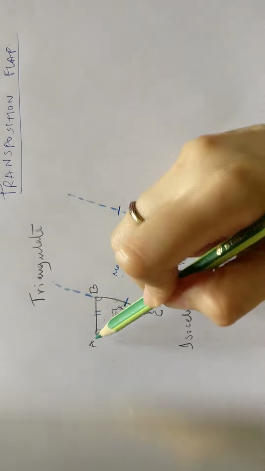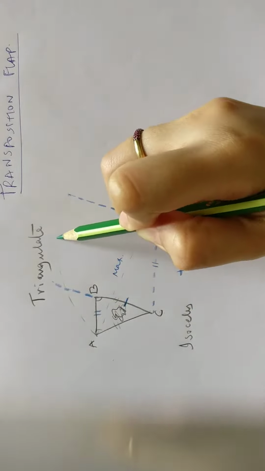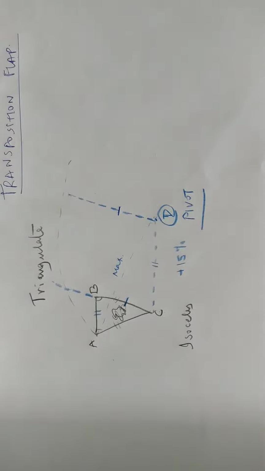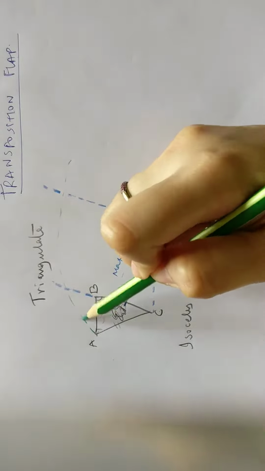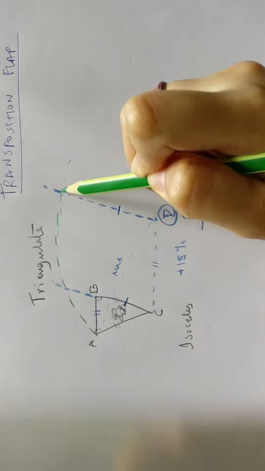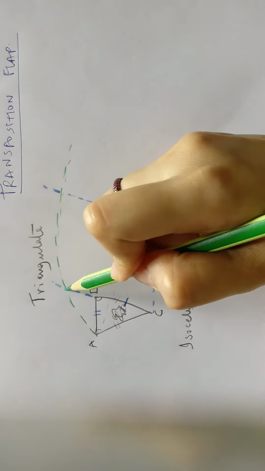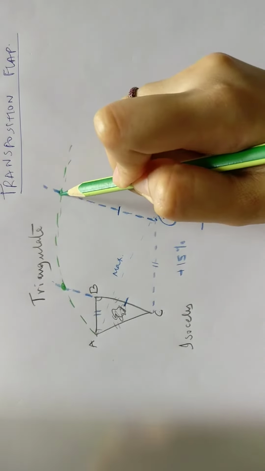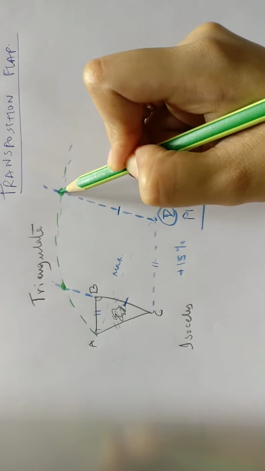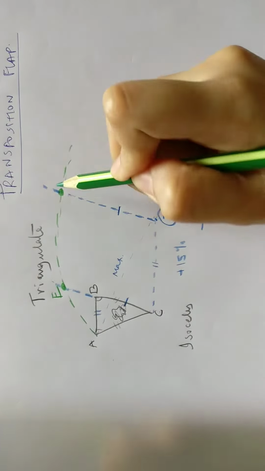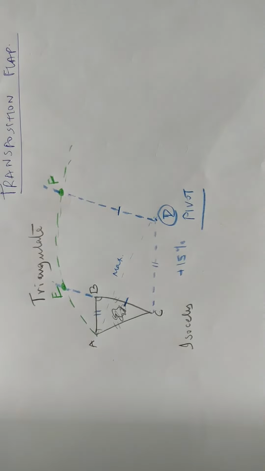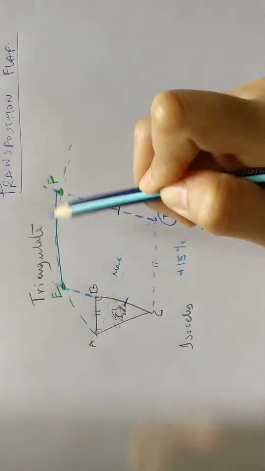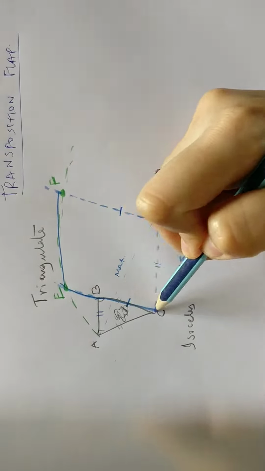So from here you have to cut across an arc which is going to meet these two extended lines at some place, and where these two meet is where we get the final points of our transposition flap. So consider this to be E and consider this to be F. Once you have gotten these points is when you have actually gotten your transposition flap. Once you connect these lines, this is going to be your flap.